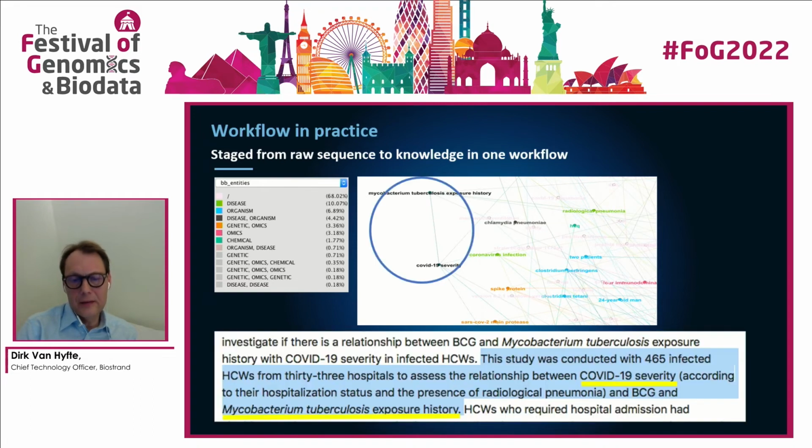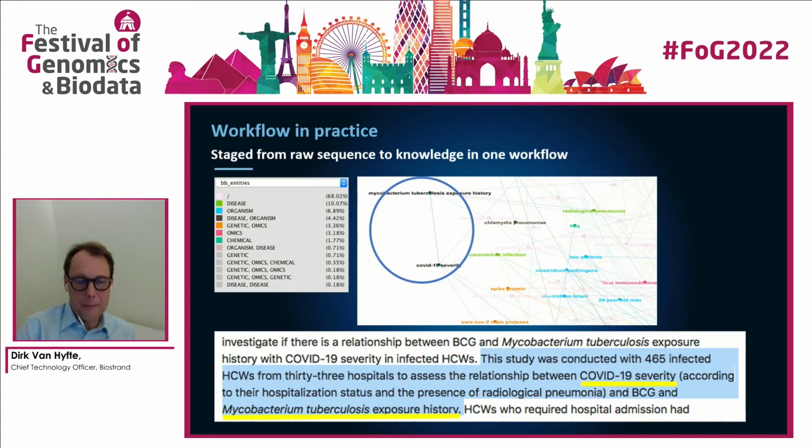And indeed, in the proximity of the COVID-19 severity, you can see terms that are relating to Mycobacterium tuberculosis exposure history. So both terms are in the proximity of each other, so they end up in a specific sentence.